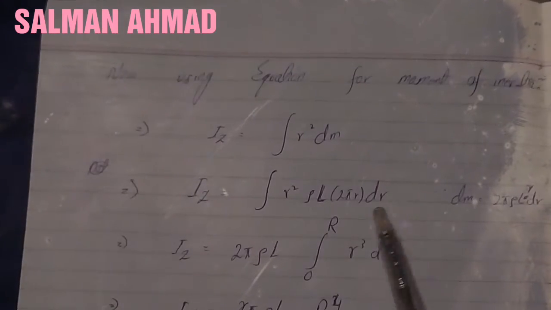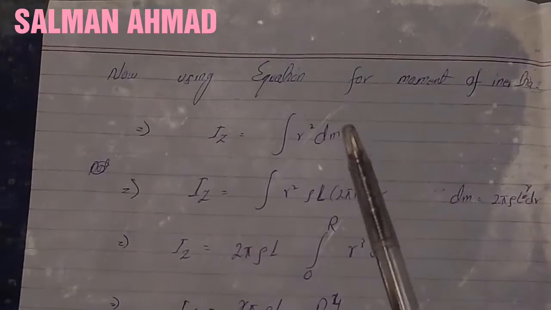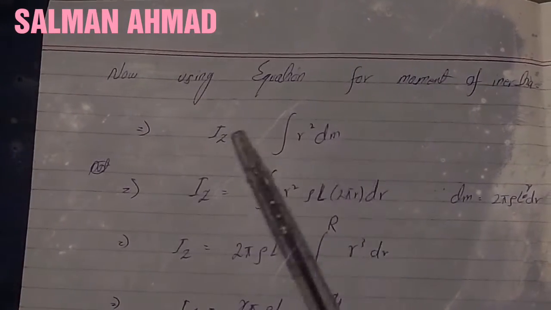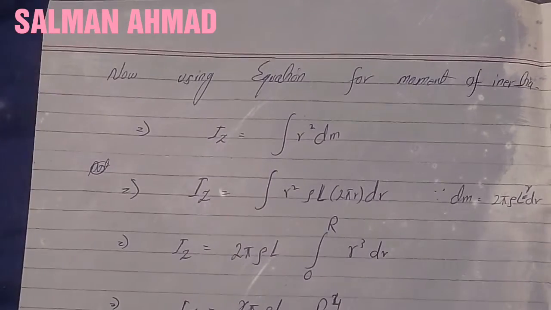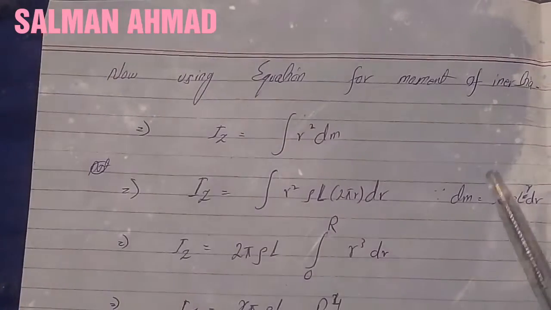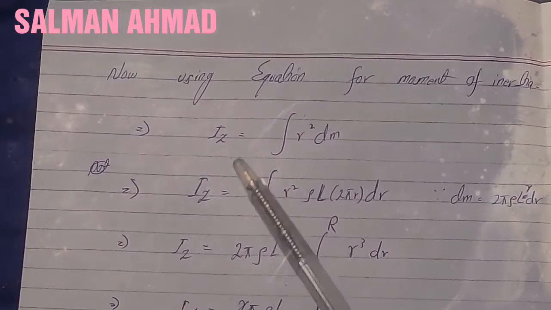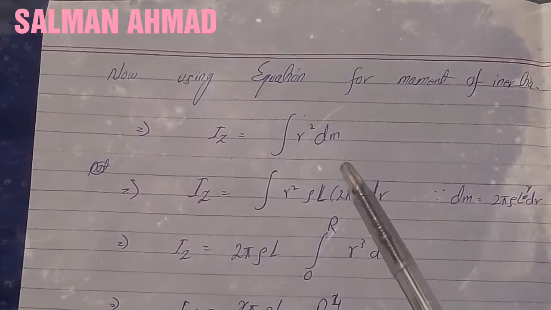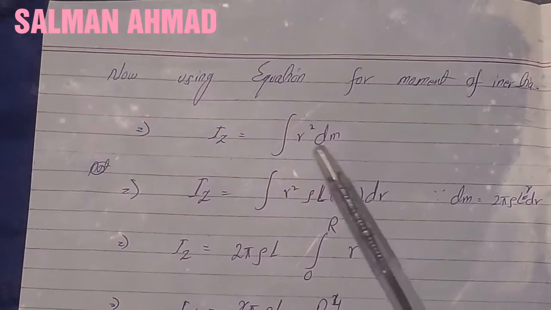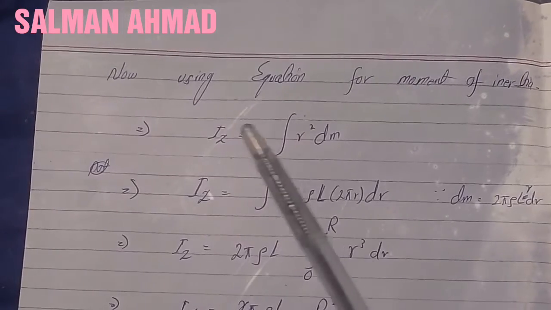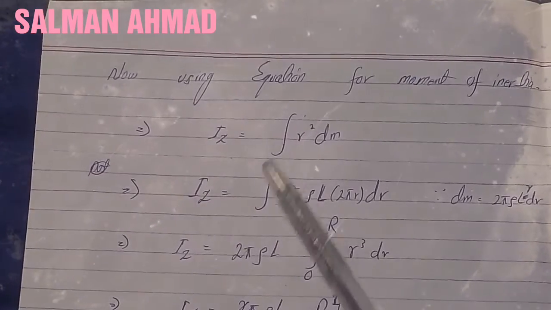Now after finding the mass of the very small cylindrical shell, using the equation of moment of inertia, we have already learned that Iz is equal to the integration of r square into dm, the equation for moment of inertia.